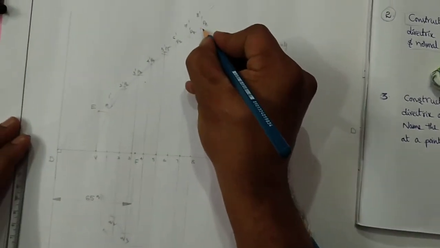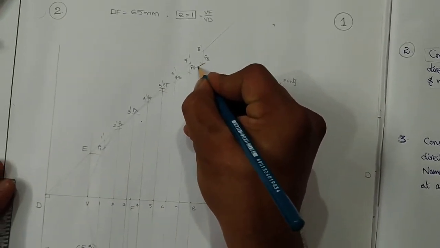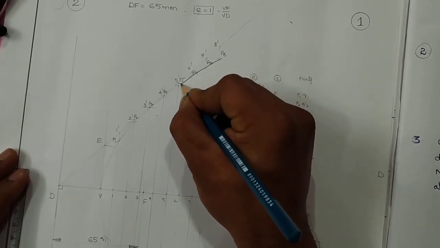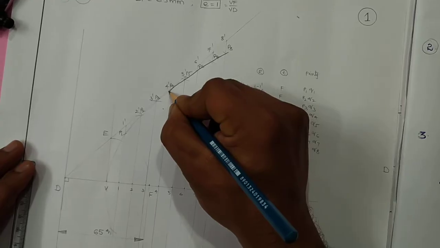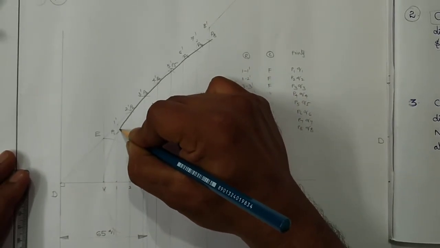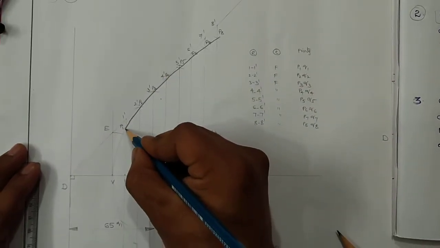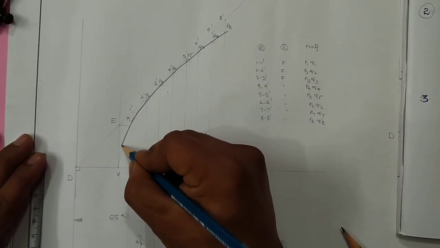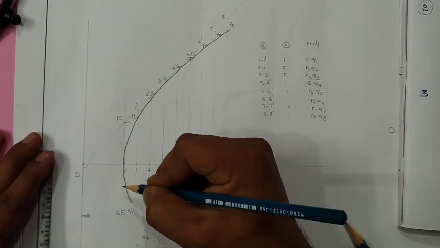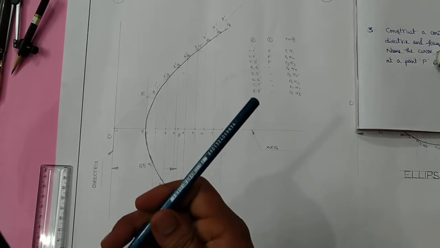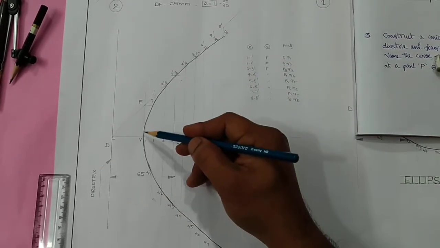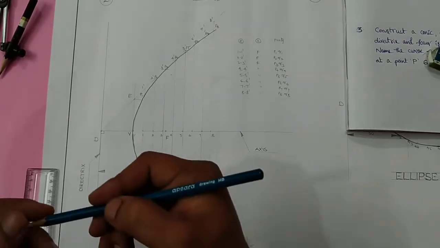With a freehand curve we should construct a very neat curve. In this way, we can construct the parabola with the help of an HB pencil.